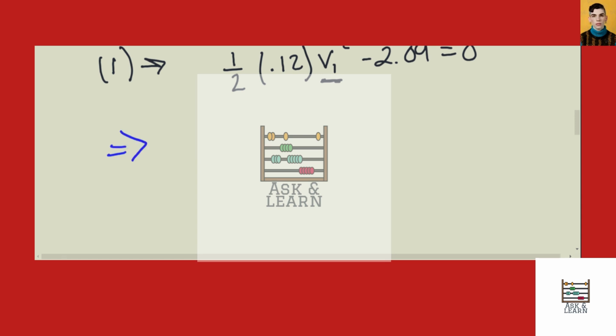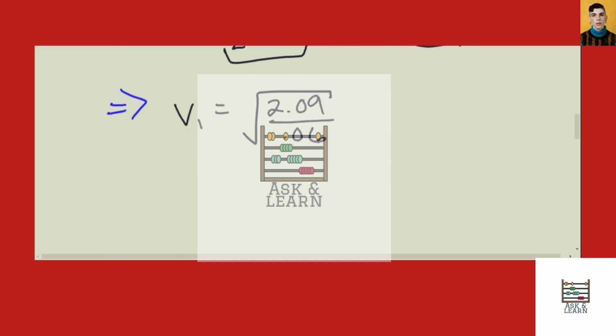So let's move 2.09 to the right, and then this whole thing divided out over there. So we have 2.09 divided by 0.06, and to get rid of the square, take the square root. So the velocity that this block travels down the ramp is 5.9 feet per second.